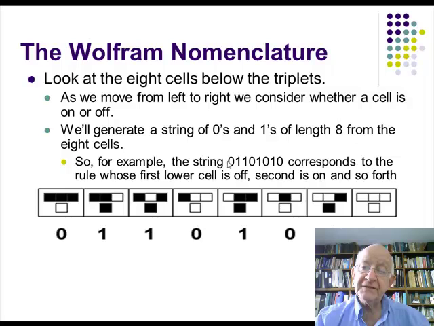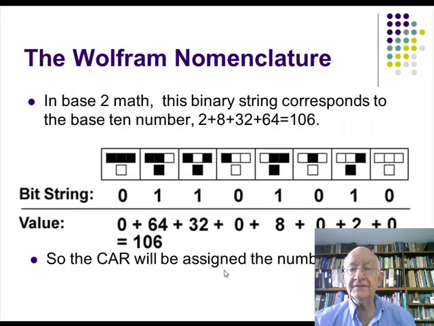So for example, the string 0, 1, 1, 0, 1, 0, 1, 0 corresponds to the rule whose first lower cell is off, the second is on, and so forth. Of course, the upper triplets are always expressed in the same order. In base 2 mathematics, this binary string corresponds to the base 10 number 106, because this is 2, this is 8, this is 32, this is 64, and adding them together we get the number 106, so the CA will be assigned the number 106.